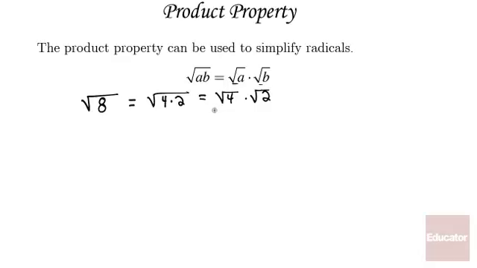I now have my perfect square separated out from my other factor, and there may be more than one perfect square under here, the products of them, and then the rest of the factors over here. Once I have that done, I can simply take the square root of 4. Again, we're talking about the principal or positive square root, and radical 2. Now, square root of 8 is now in simplest form.